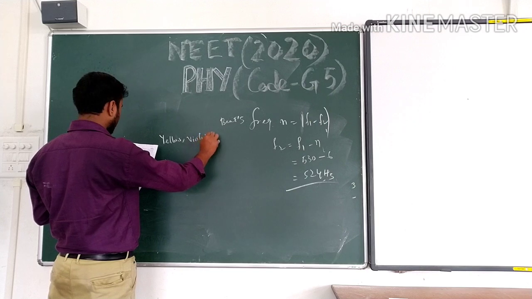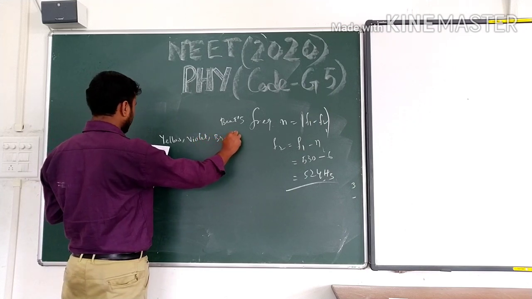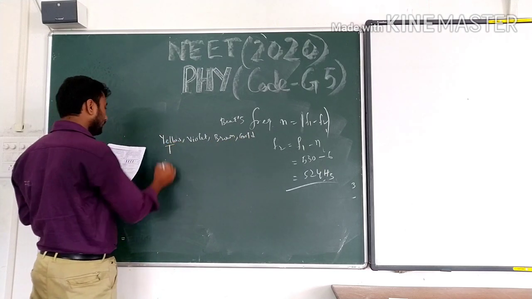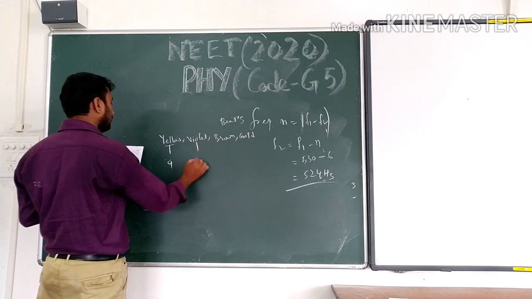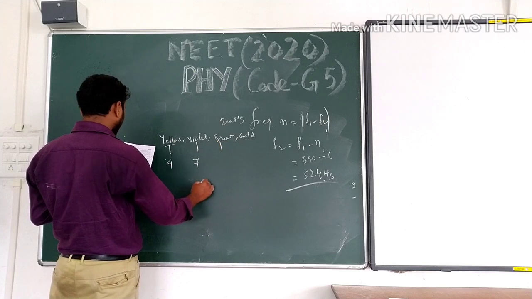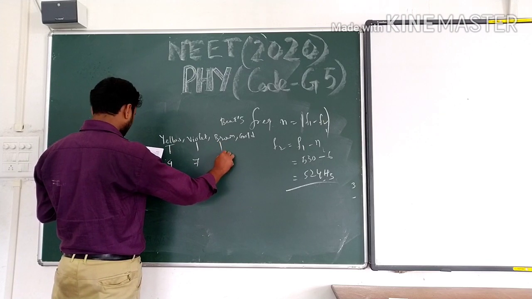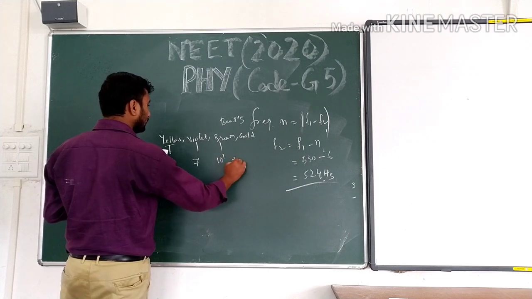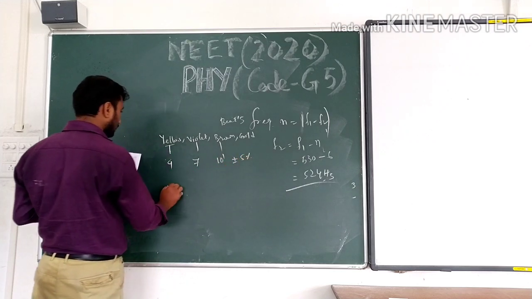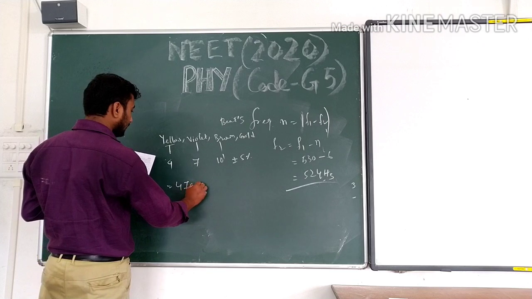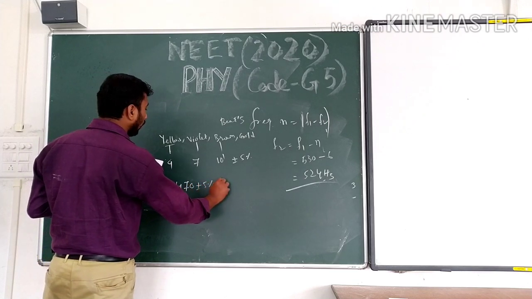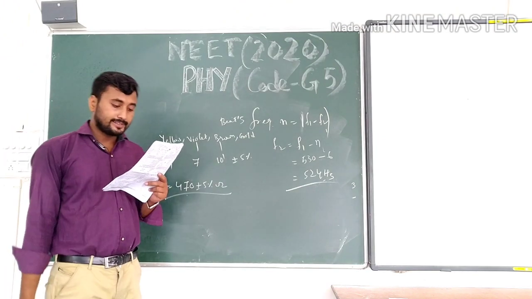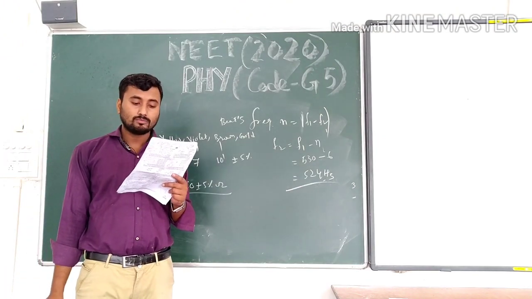So yellow has numerical value 4, violet has numerical value 7, brown is the multiplier 10 to the power 1, and the gold tolerance will be plus or minus 5%. So it will be 470 plus or minus 5%. So option C is correct.